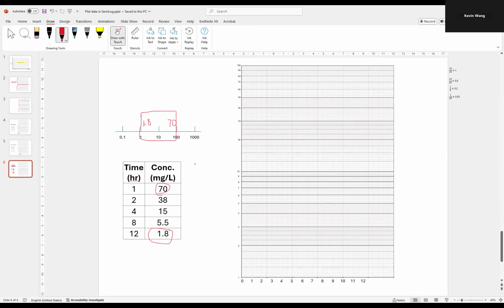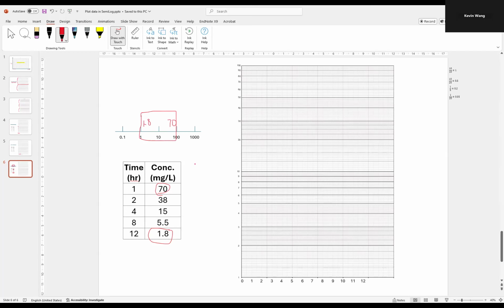So the next one is 2 hour and 38, right? So let's magnify this. Let's zoom in a little bit. 2 hour, 38. So this is 1 hour, this is 2 hour, right? 38. That means between 30 to 40, right? So here we can see from 30 to 40, we have 10 units, right? And also we have how many grids in between.